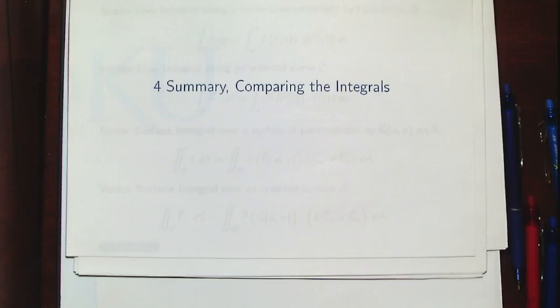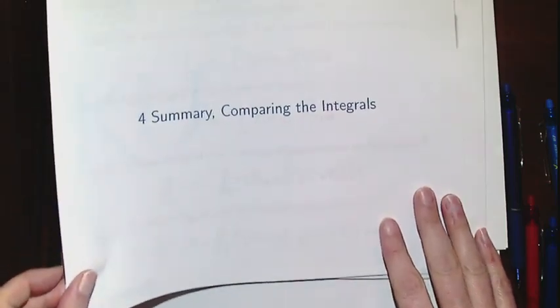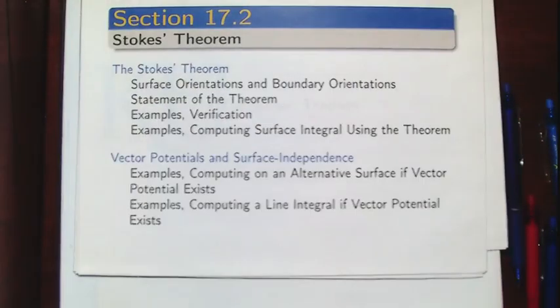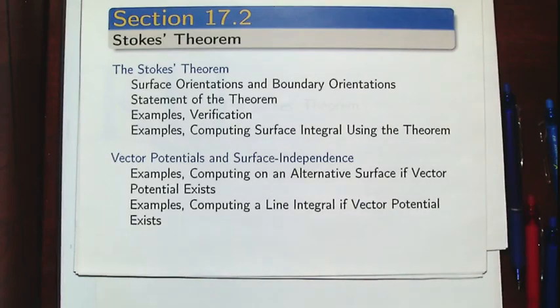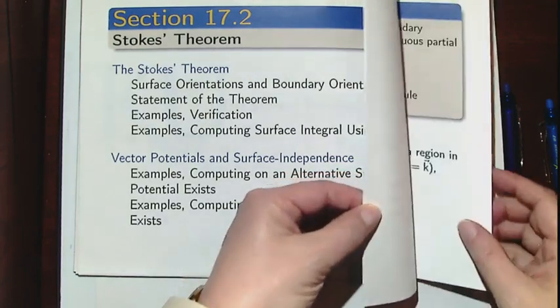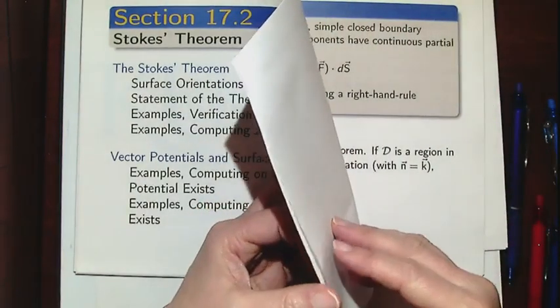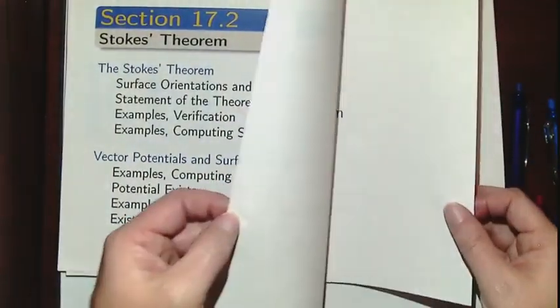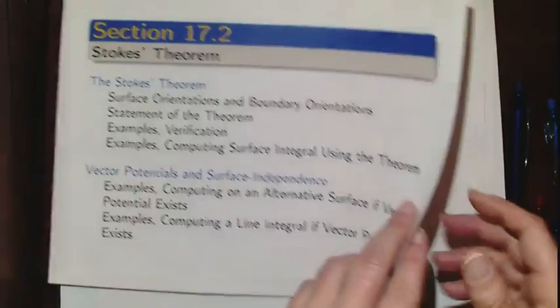Okay, so here's another section that I want to talk about. It's called Stokes theorem. What was the Green's theorem? Do we remember Green's theorem? So you had a curl and a double integral, right?